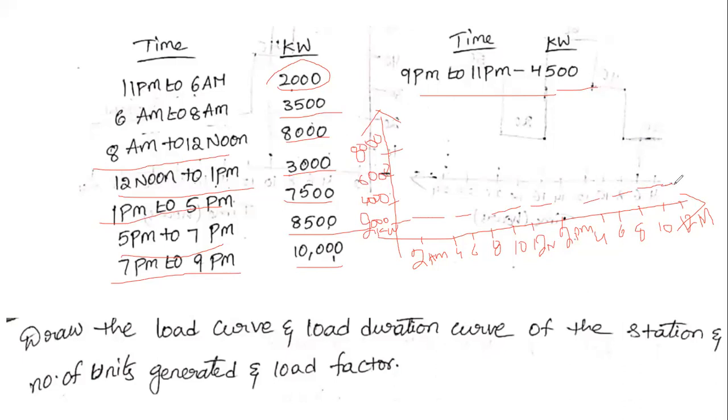After that, 6 a.m. to 8 a.m. is 3500 kilowatts. This is 3000 and 3500, that is 6 to 8.